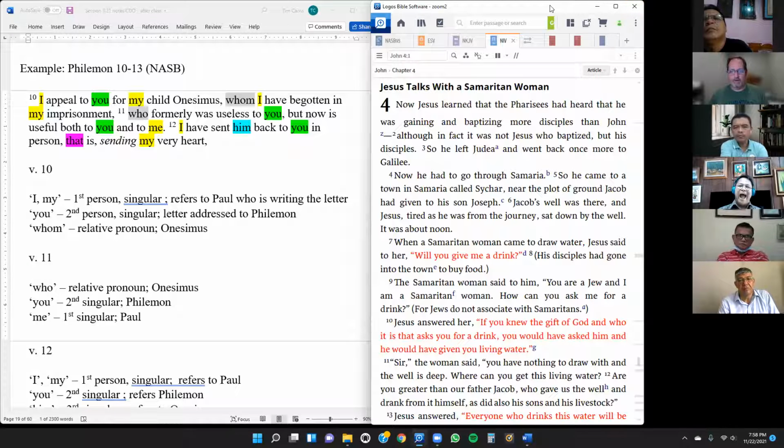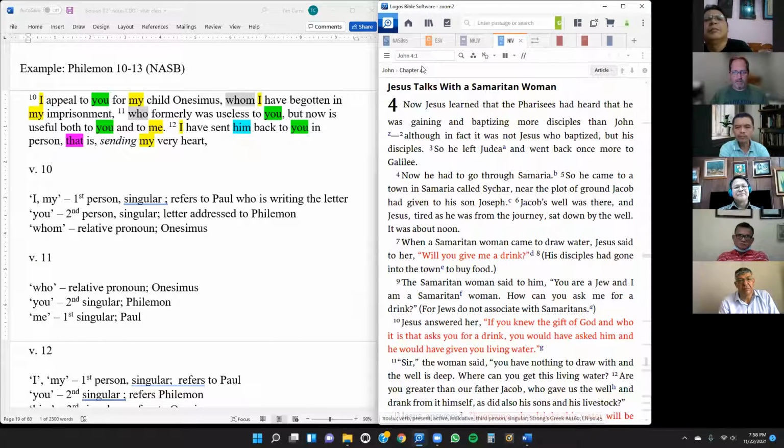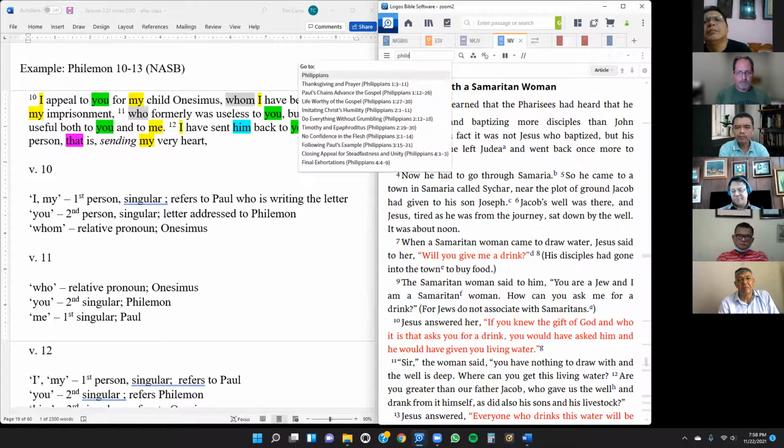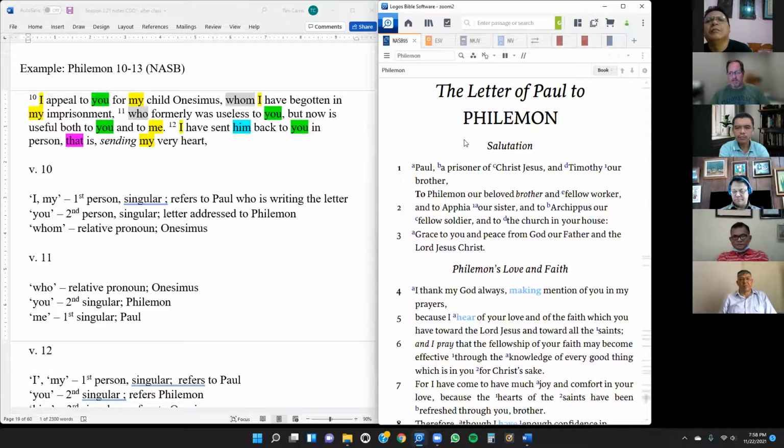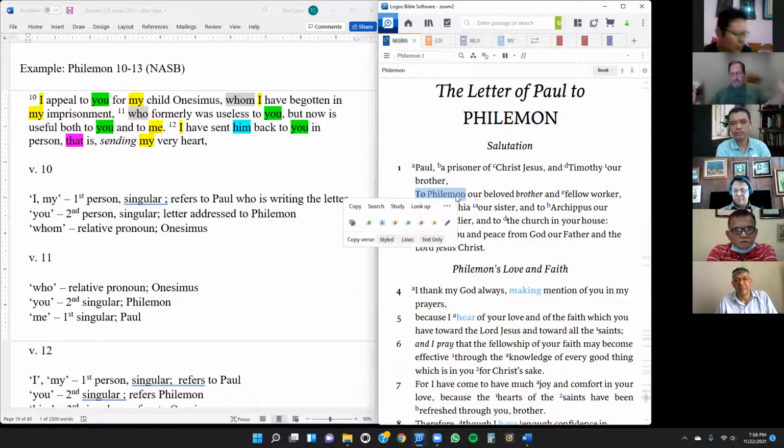Can everybody see the letter of Philemon here on your screen on the right? Notice it says Paul, a prisoner of Christ, and Timothy, to Philemon.